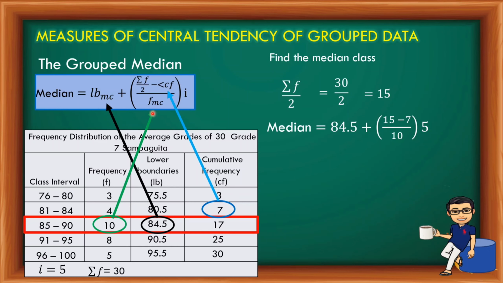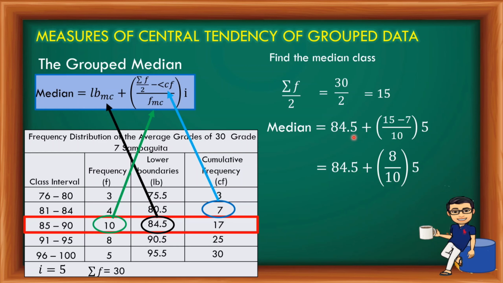Over frequency of the median class which is 10, pinalit natin doon. Tapos, ang i ay equal sa 5. Then after that, pwede nyo na itong i-minus, 15 minus 7 divided by 10. Kaya magiging sagot, 15 minus 7 is 8 divided by 10 times 5.